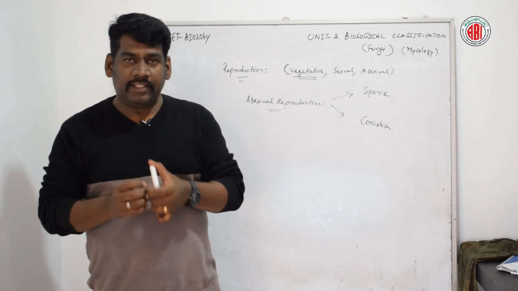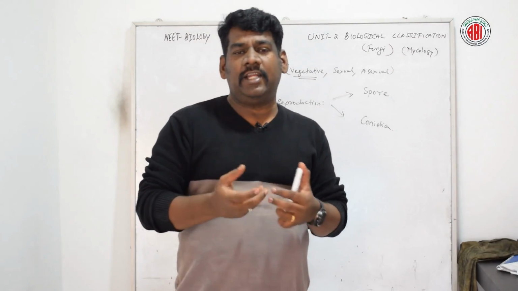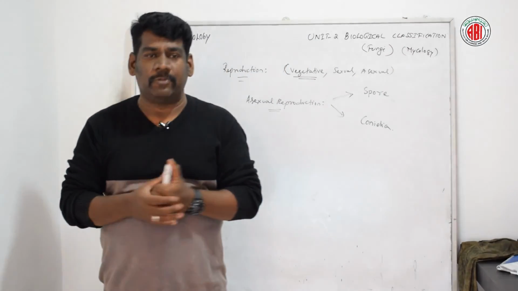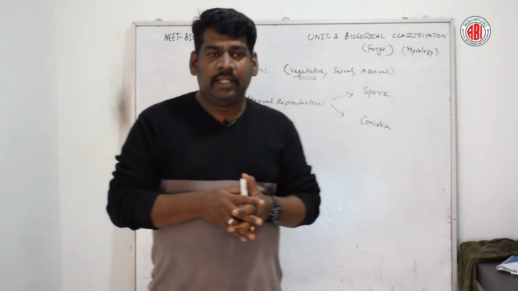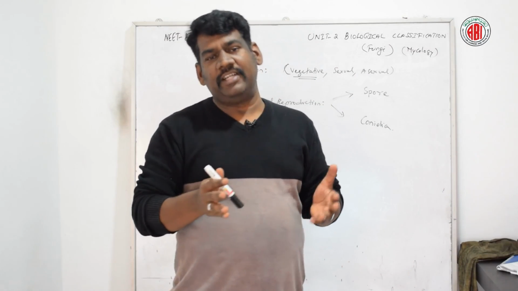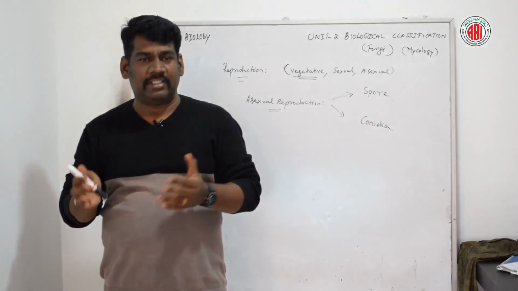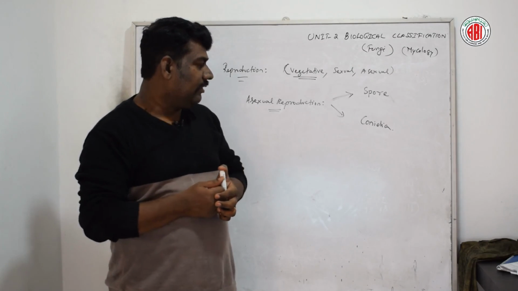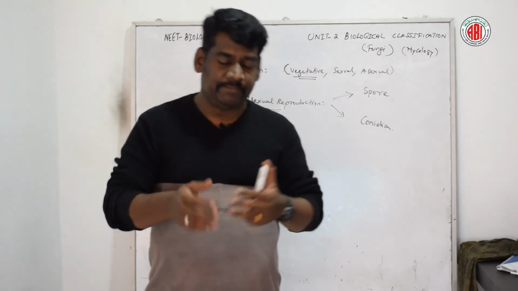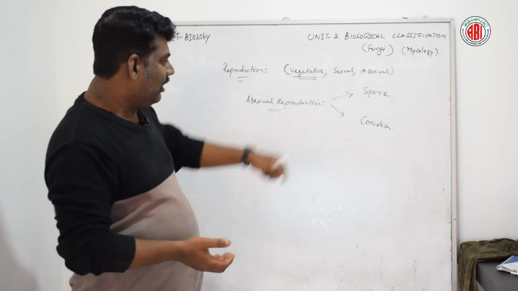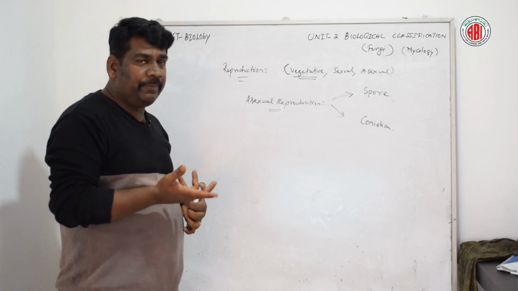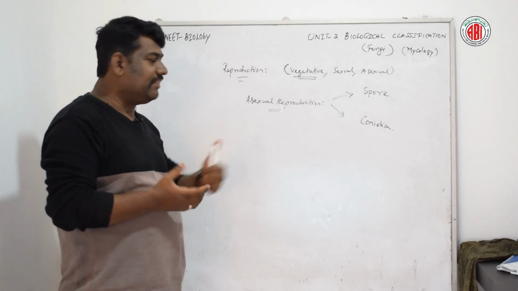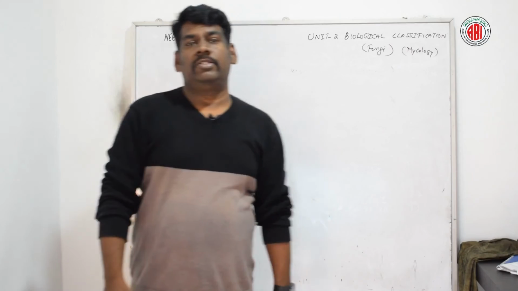These conidia produce a number of spores called conidiospores, which can form different shapes or structures, and they develop into a new mycelium in the future. So these are the different types of reproduction seen in asexual reproduction in the fungus.